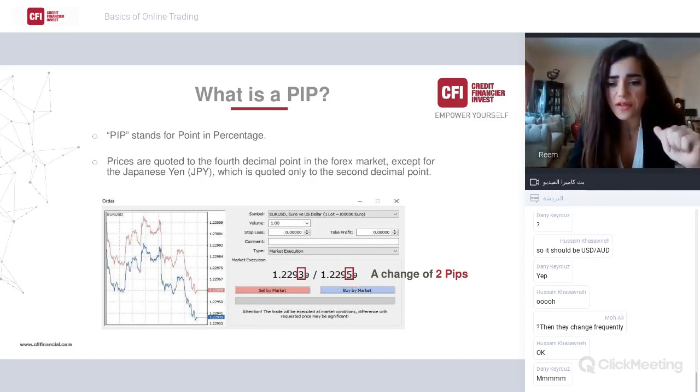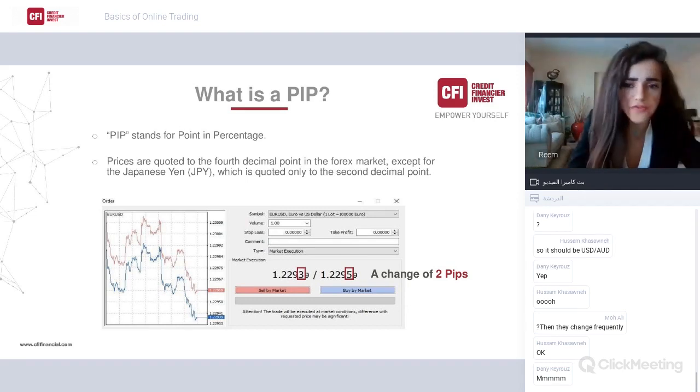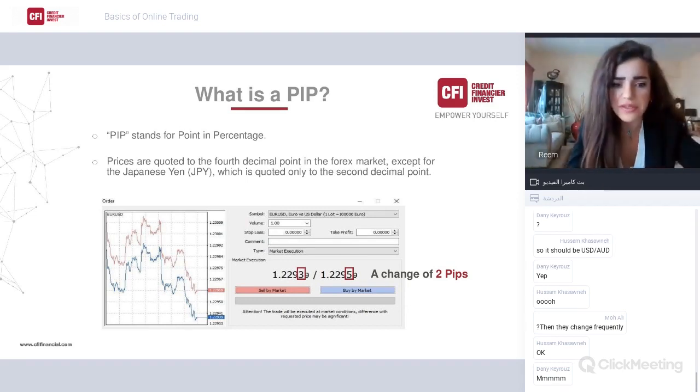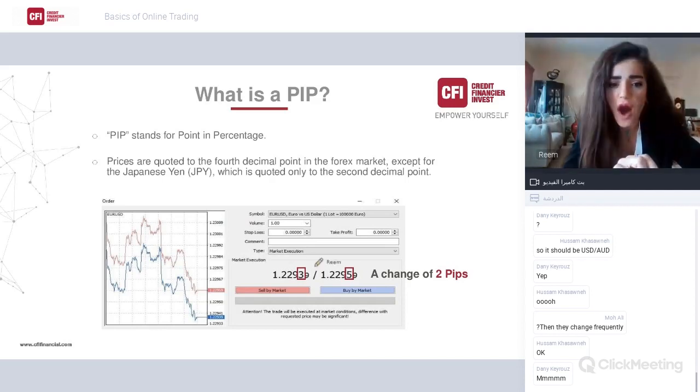This is taken from the platform, but forget about the platform at the moment. Just think about the screen of an exchange house where you see two prices. The higher price is usually the price if you are buying that currency, and the lower price is if you are selling. The difference between them is called the spread.